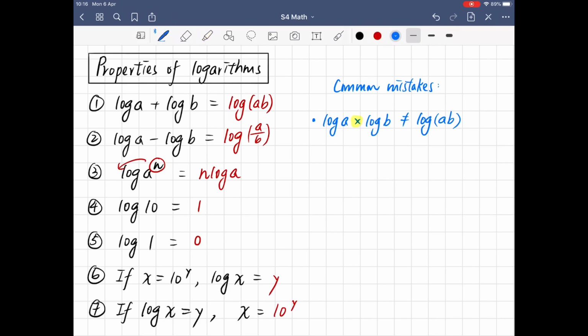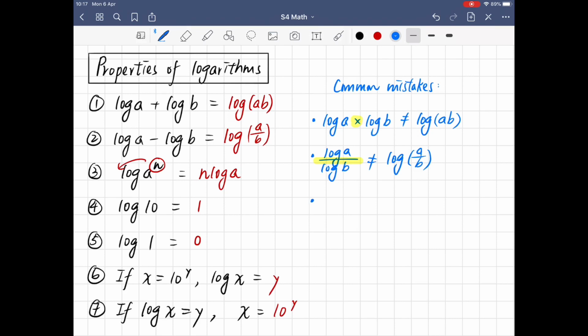Similarly, the second one: log A over log B doesn't equal log A over B. As you can see, it is a division sign instead of a subtraction sign.